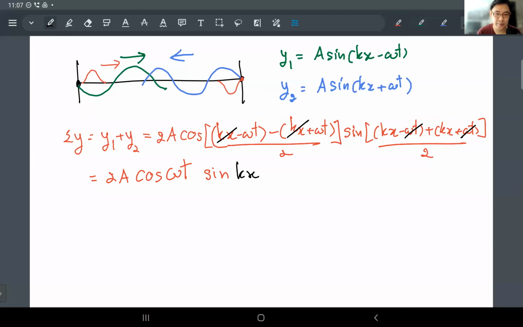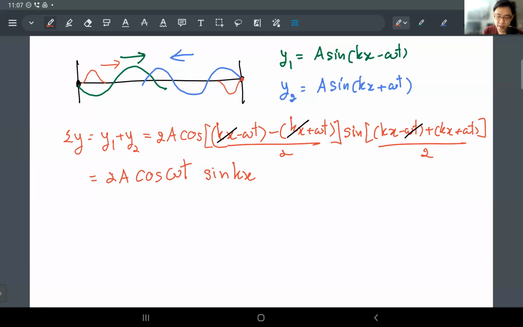Well, this is kind of weird, right? What you have at the end doesn't have the kx minus omega t terms anymore, even though this must be a wave somehow because you got it from combining two waves together. It is still a wave, but the structure of the function that you're looking at looks a little weird.